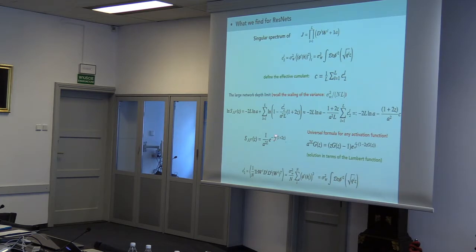And as you can see, it depends only, apart from depending on A, under the assumption that A doesn't scale with L, on this parameter C. And this is true irrespective of the activation function.